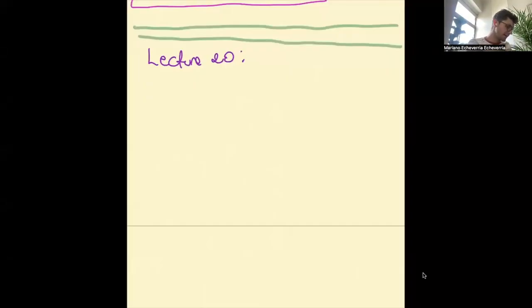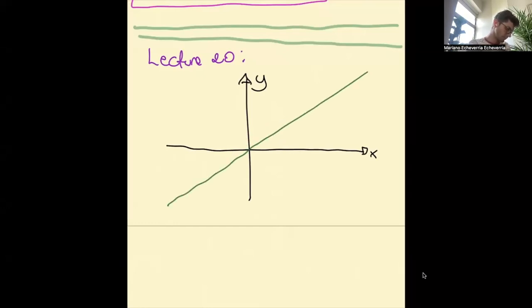So I'm going to have a function. Well, let's start with a concrete case of y equals x, which is what I was showing you. So I'm going to find the area between the curve and the x-axis from 0 to t.